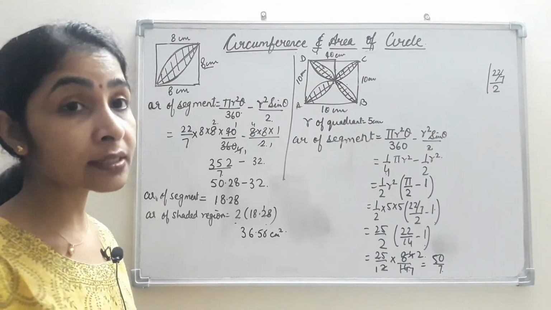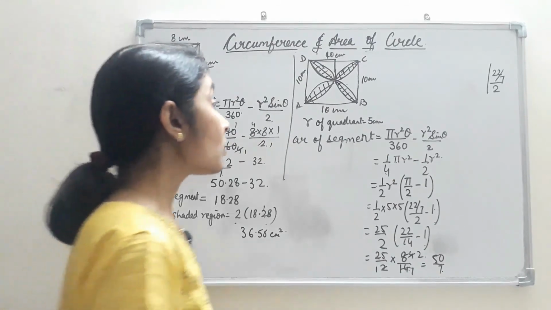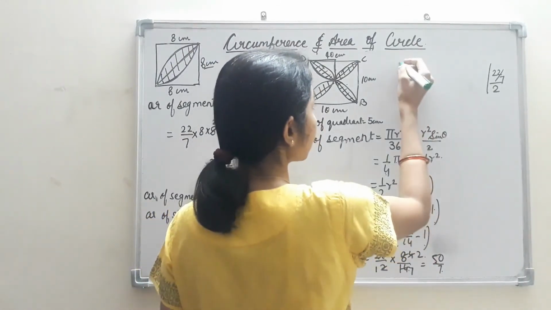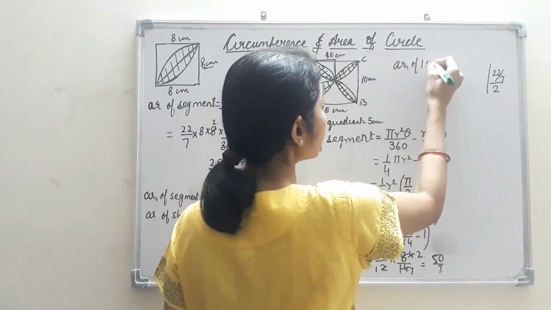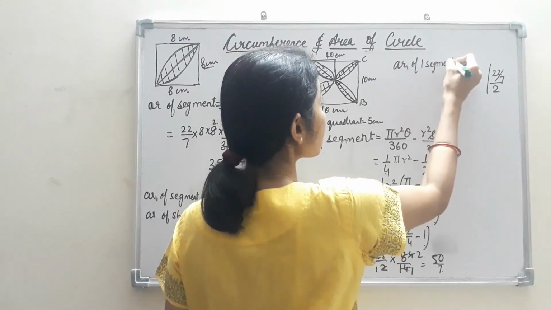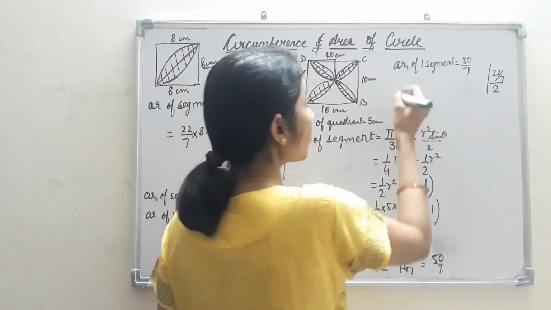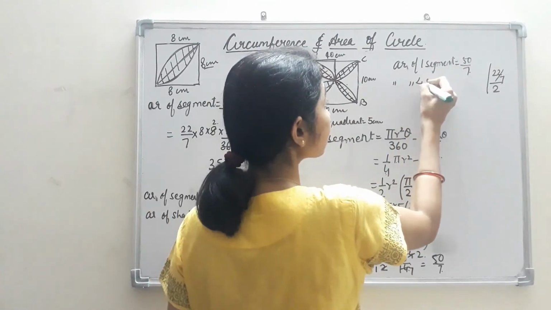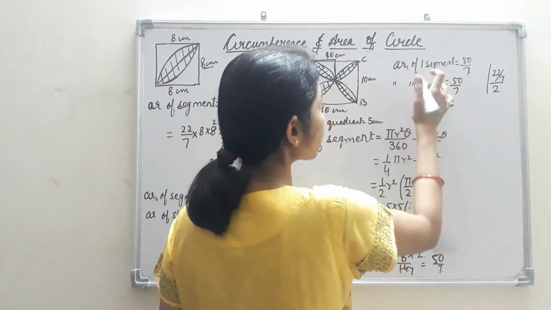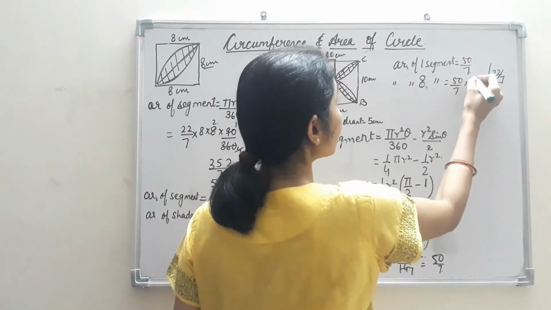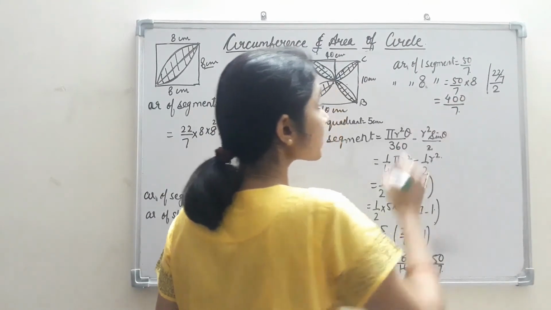Okay, how many such segments we are having? We are having 8 such segments. Okay, so area of one segment is equal to 50 upon 7. Okay, so area of 4 segments is equal to 50 upon, sorry, 4 nahi, there are 8 segments, sorry, into 8. 5 8s are 40, 0 upon 7.